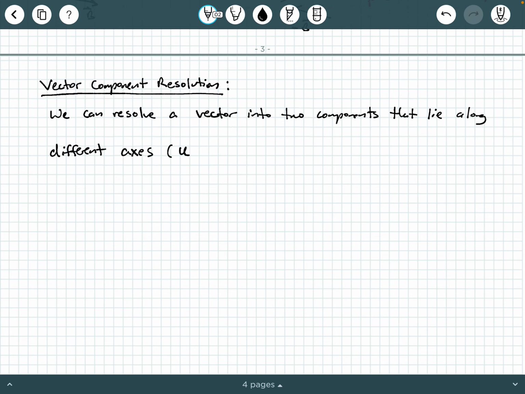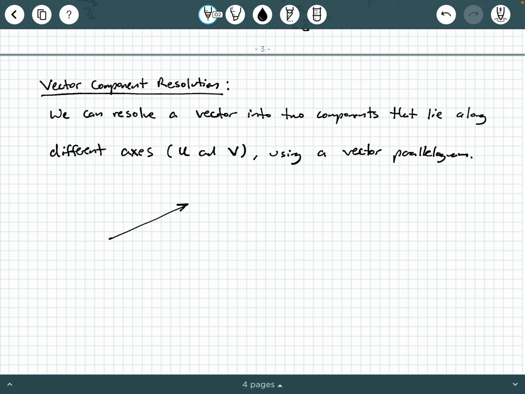Let's call them U and V, using a vector parallelogram.